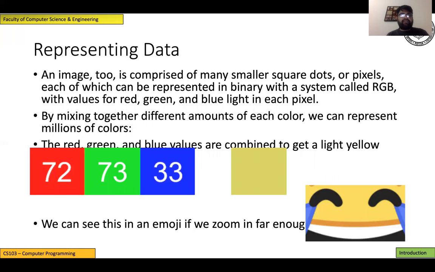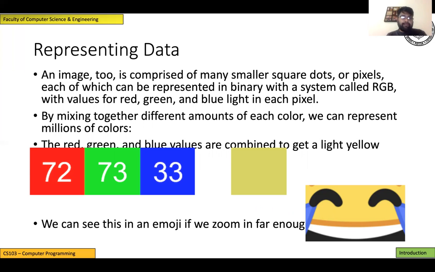An image too is comprised of many small square dots called pixels. Each pixel has a color, which is defined using a system called RGB, red, green, blue values. So you now have 3 different values for each color.